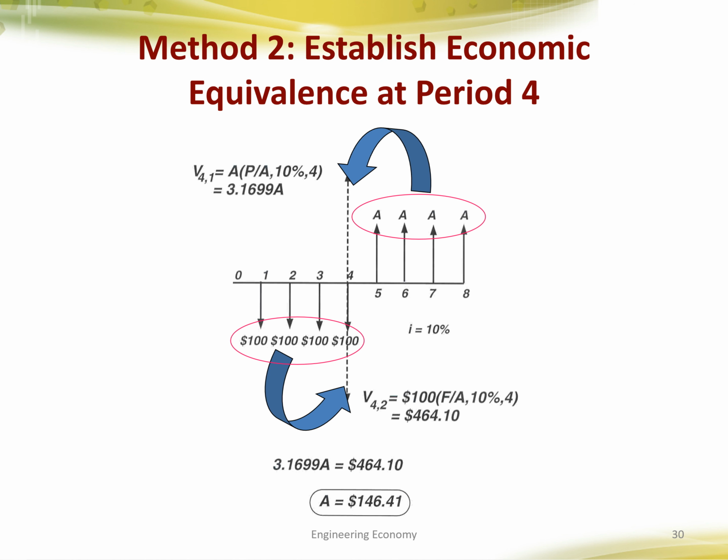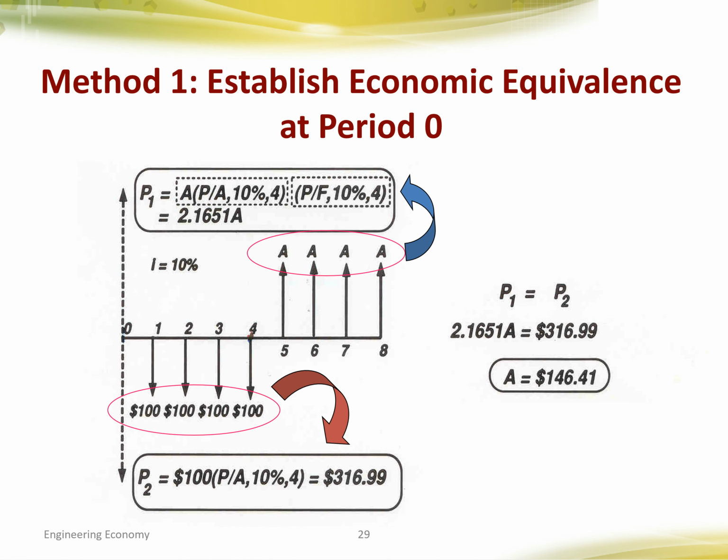Doesn't matter where we push them to, the same point, because these two series of cash flow present the same worth. And then by solving the equation, you can get the same A, which is 146.41. If you go back to the previous slide, you can see that it's 146.41. Doesn't matter where you take them.